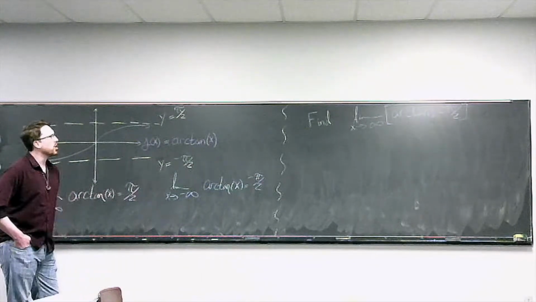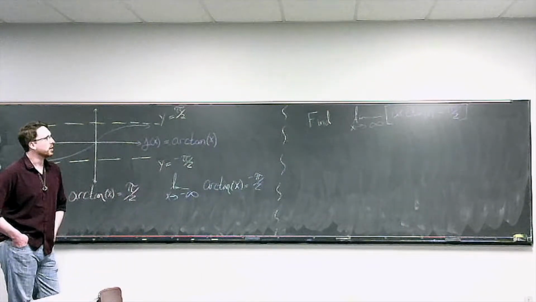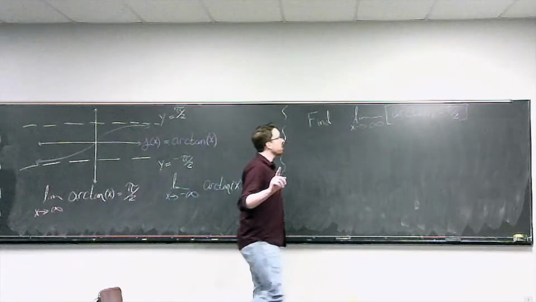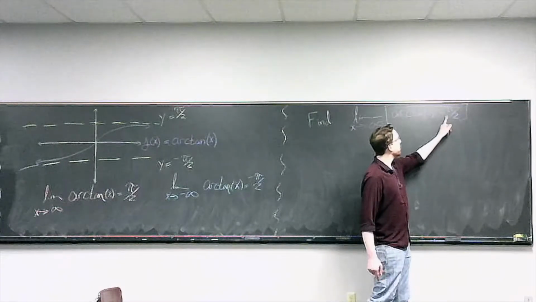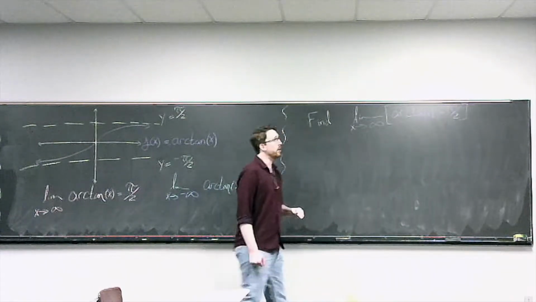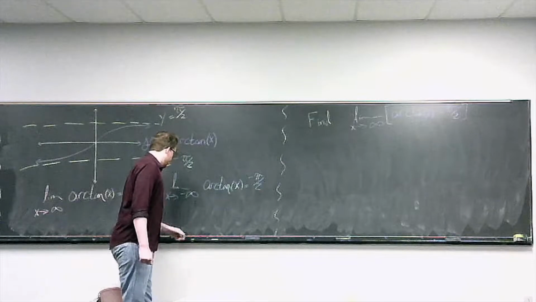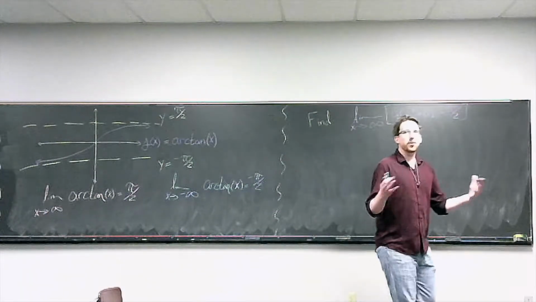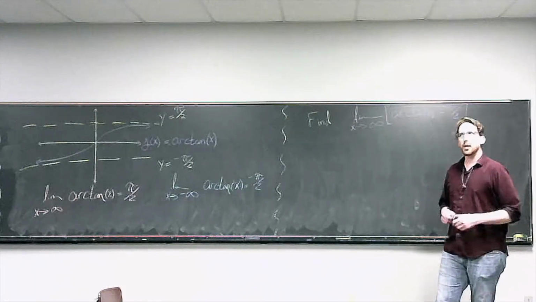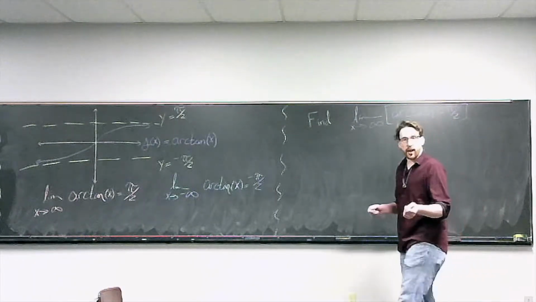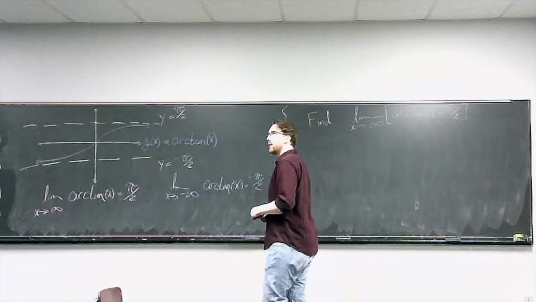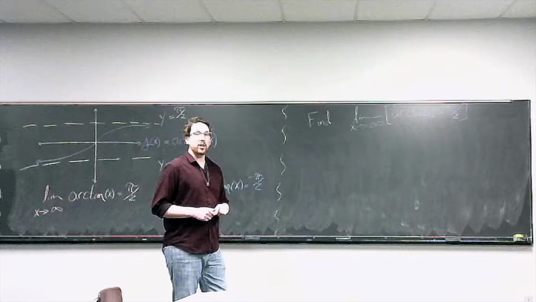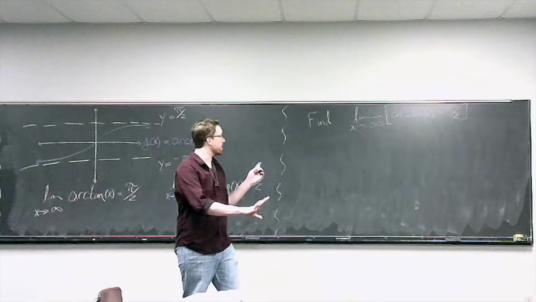But having said all that, let's check out this example here. In this example, we want to find the limit as x approaches infinity of the arctan of x minus pi over 2. Well, to do that, we can take advantage of those operations with limits we were talking about in the second lecture, I believe it was, section 1.5. What we can do is break this up using the sum and difference rule, right?